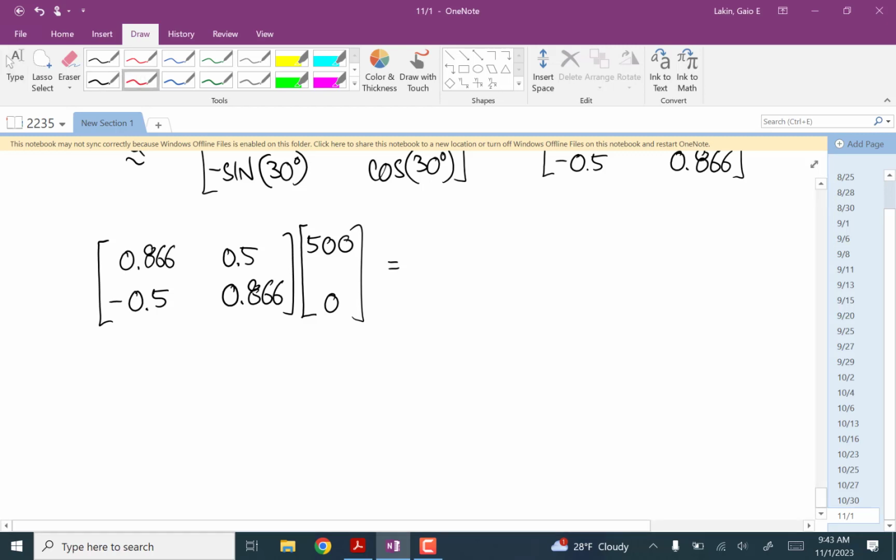You can think of it as a series of dot products. We're going to take the dot product of this with this, and that's going to be our first element. So if you take that dot product, 500 times 0.866 is 433. 0 times 0.5 is 0, and that's our x component.